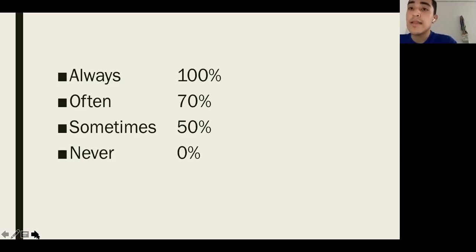The next one is sometimes, that is 50% of the time. And the last one is never, which means 0% of the time. Remember that in the case of often and sometimes, we do not want you to remember the numbers. We want you to remember that often is closer to always, and sometimes is closer to never.